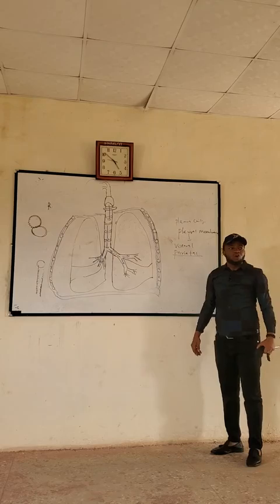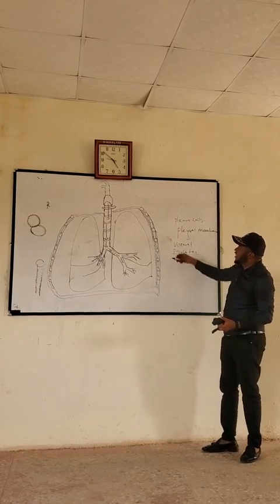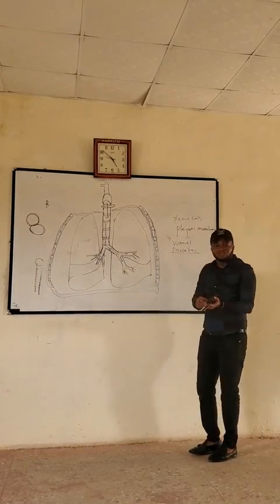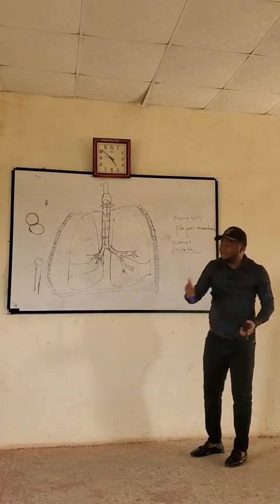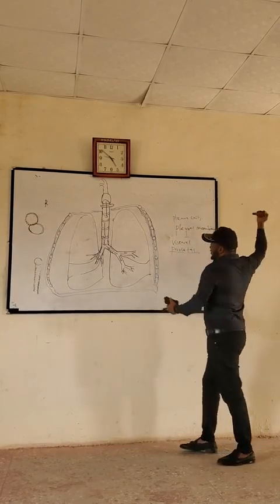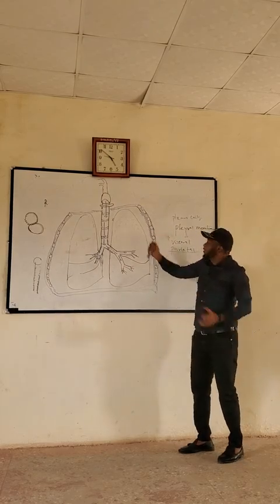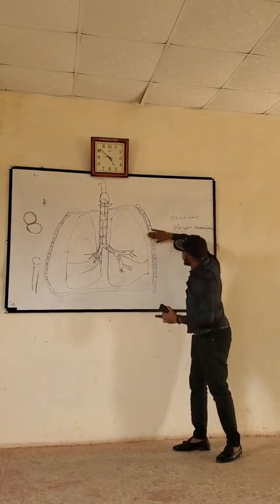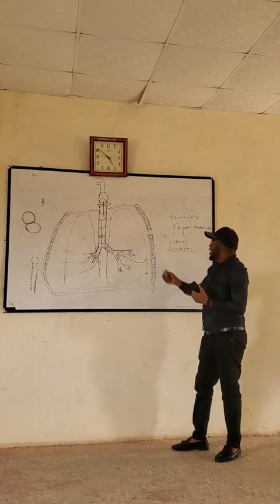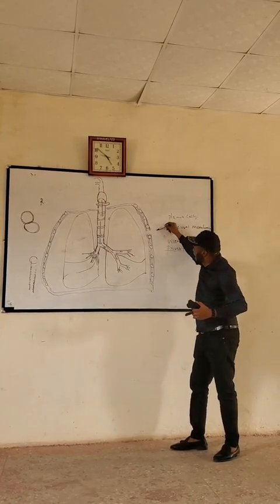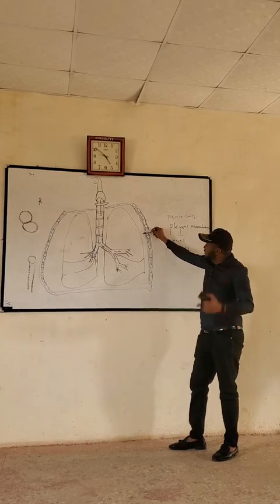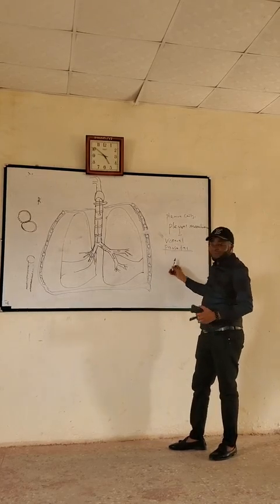Now, what will happen if somebody is stabbed? Let's say somebody is stabbed with a knife. If you carry a knife and stab this person on the chest, you create a passage here. What have you done to these two membranes?